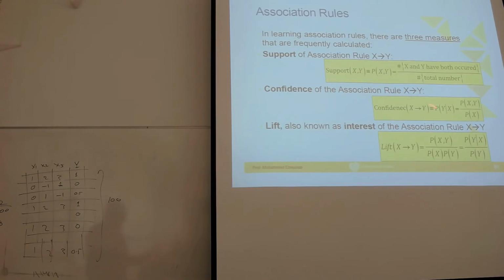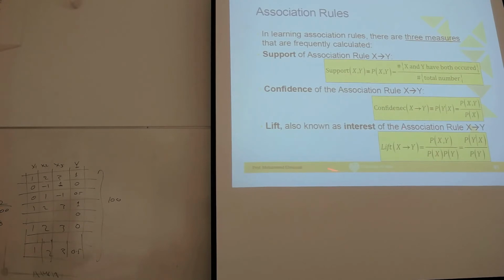So we divide this by the probability of X. Okay. The closer the confidence is to 1, the more it supports our claim that Y depends on X, because it is very close to 1.